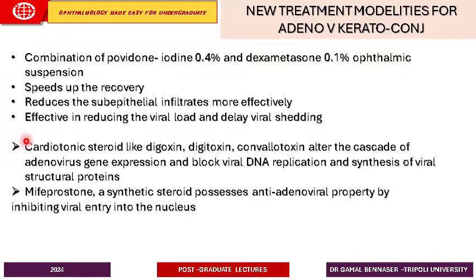So this is known as cardiotonic steroids. Others like mifepristone, a synthetic steroid, also have a role as anti-adenoviral treatment by inhibiting viral entry into the nucleus. These are the new modalities. The most famous one is the combination of povidone iodine solution along with dexamethasone.